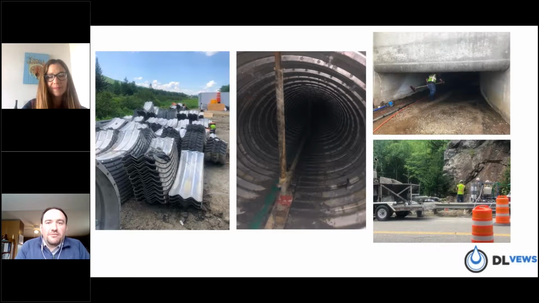We have the benefit of having some beautiful scenery here in the Northeast when we're out lining culverts. This is in the smack dead center of the White Mountains for New Hampshire DOT. In this instance, the contractor had to basically run about 700 or 800 feet of hose to install that grout down beneath.